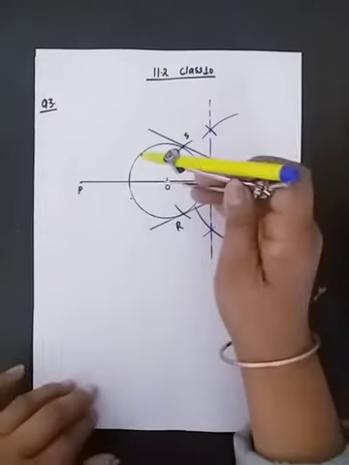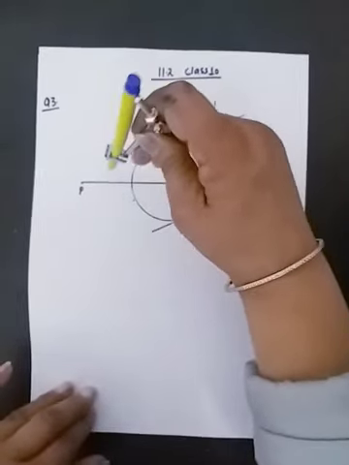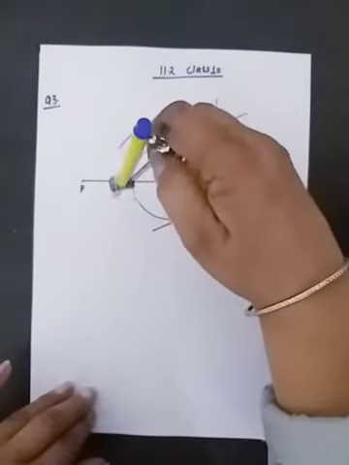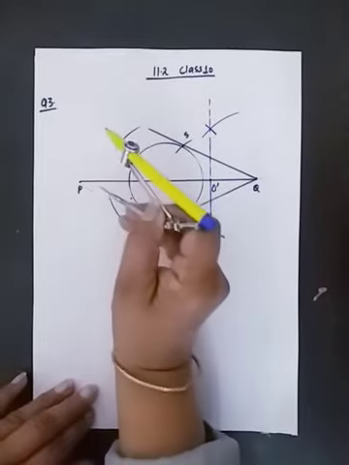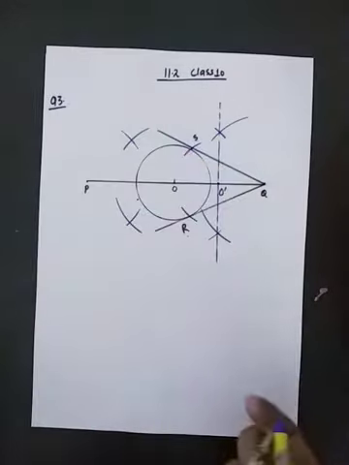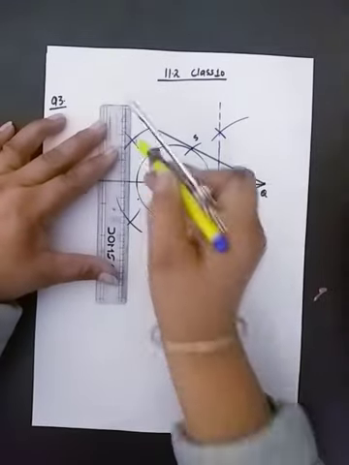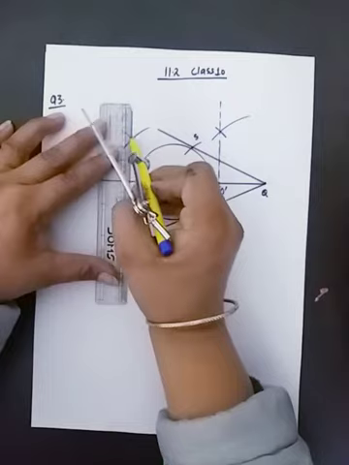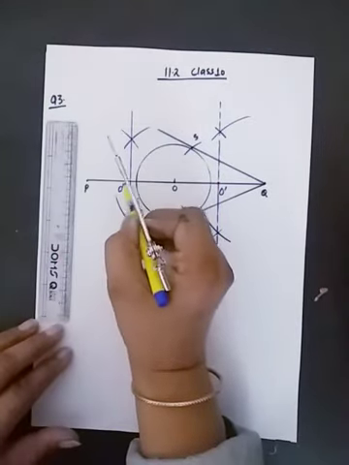Again, we have to draw perpendicular bisector of OP. Let this point be O double dash.